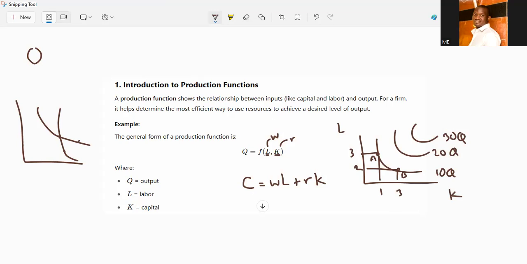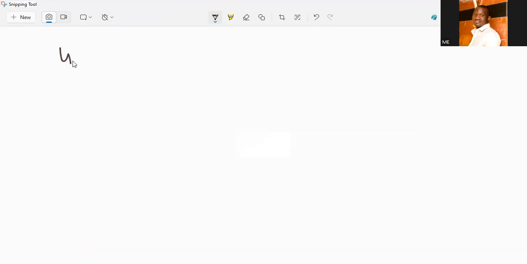So let me take you back to dy/dx. Remember we had talked about differentiation. If you're given u equals 5x to the power 4, this is du over dx.